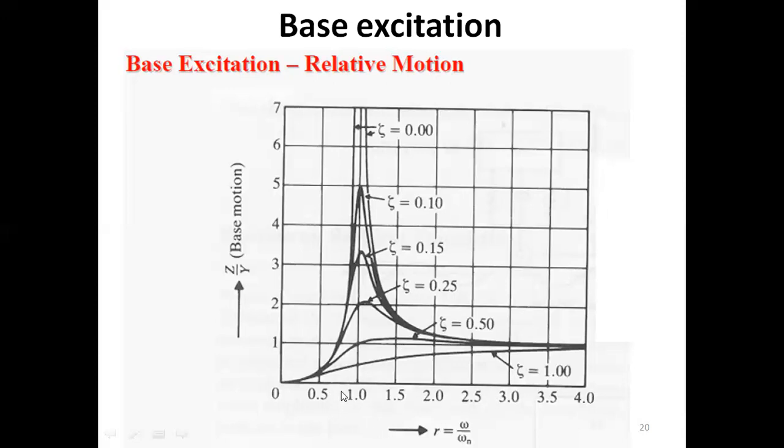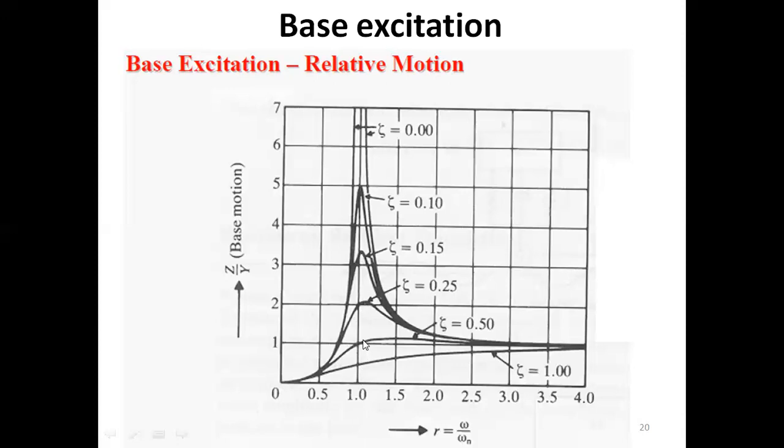The frequency ratio 1 represents the resonance, meaning that when the frequency ratio is too small, the displacement transmissibility in terms of relative displacement would be very small, even negligible. But as we increase the frequency ratio, depending upon the damping ratio, the displacement transmissibility would exaggerate, and it would be maximum near the frequency ratio of 1, or near the resonance.